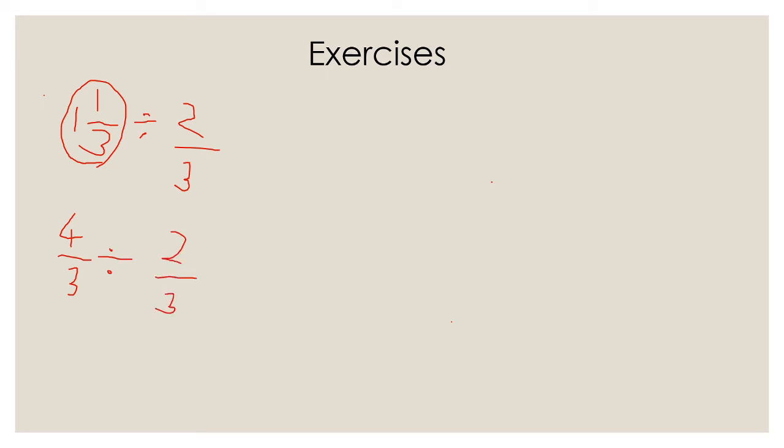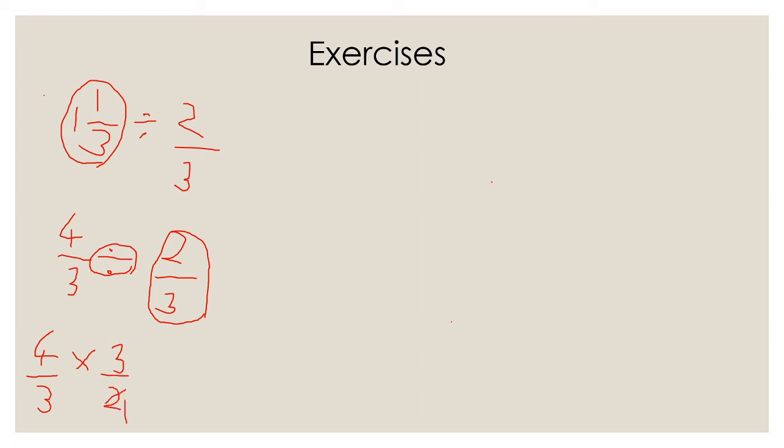And now, as you saw in the second step, we have to convert the next fraction to its reciprocal, and change the division sign to a multiplication sign. So it will become 4/3 multiplied by 3/2. So let's reduce them.